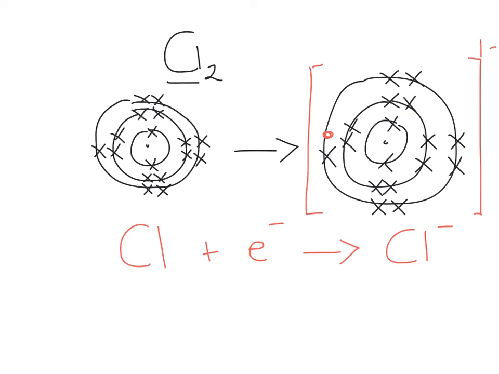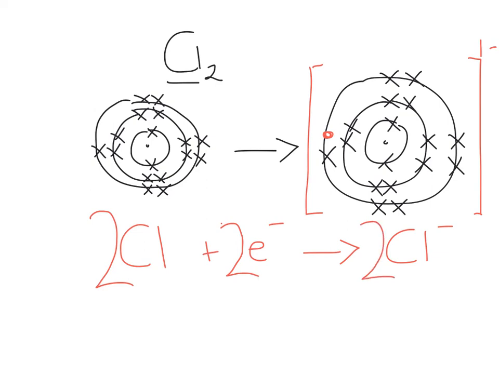Now it's a wee bit different from sodium because I said at the start that chlorine is diatomic, so I'm going to add a 2 in front of this because there'll always be 2 chlorine atoms. That means that each chlorine atom is gaining 1 electron, so overall they'll gain 2 to form 2 chloride ions.